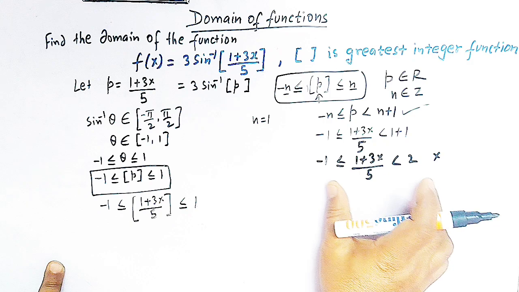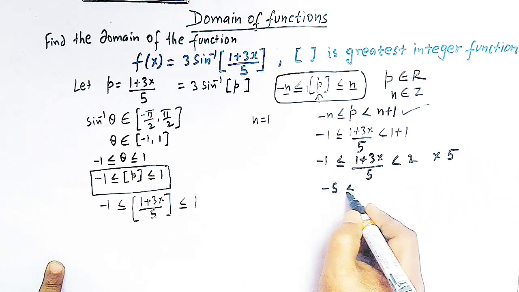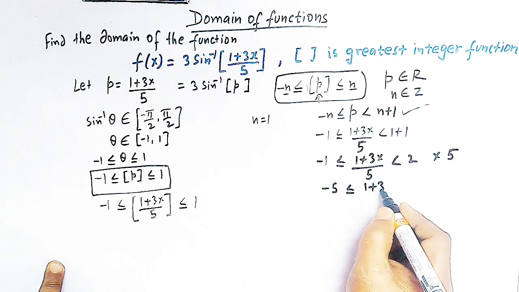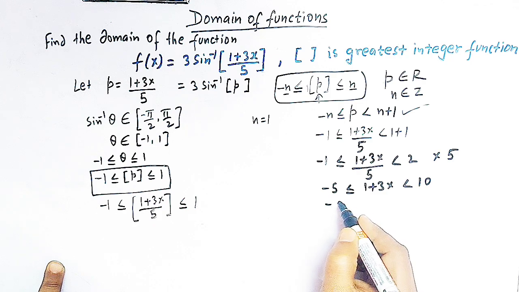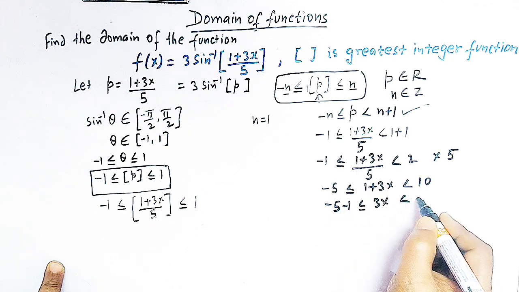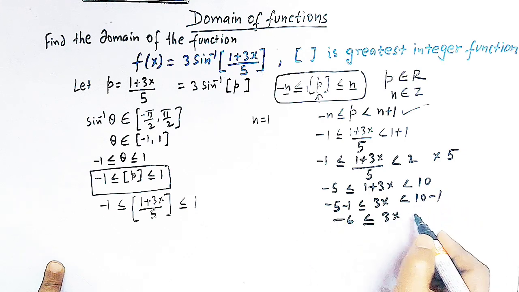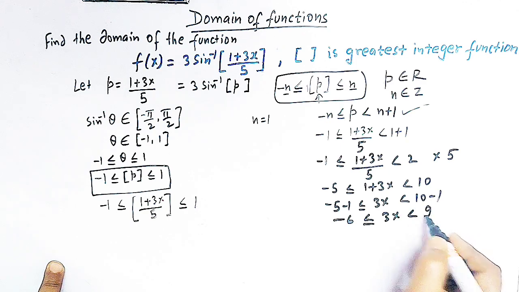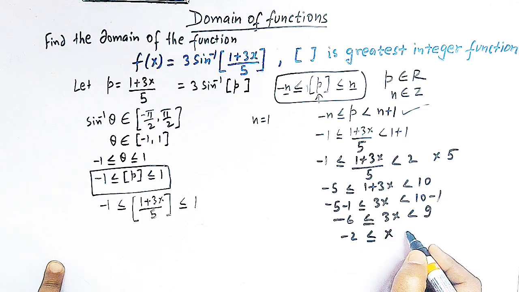Let us now multiply throughout by 5. We have minus 5, then 1 plus 3x, where 5 and 5 get cancelled, and here we have 10. Let us subtract 1 throughout. We have 3x in the middle, and 10 minus 1 on the right, so minus 6 is less than or equal to 3x, less than 9. Now let us divide throughout by 3. So we have minus 2, then simply x, and then 3.